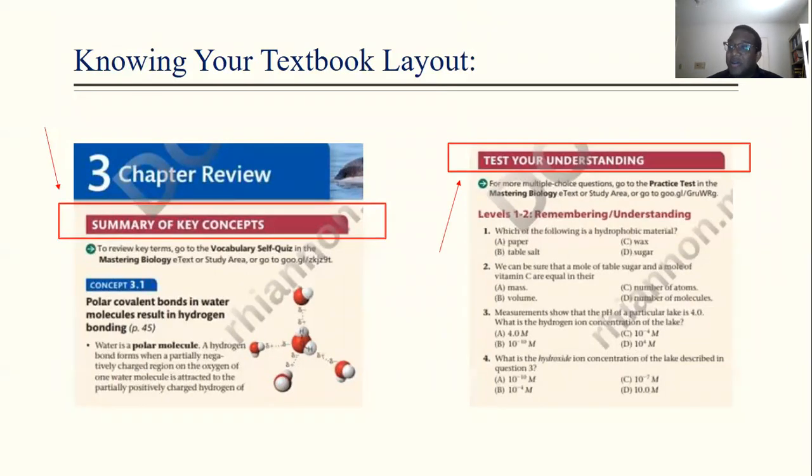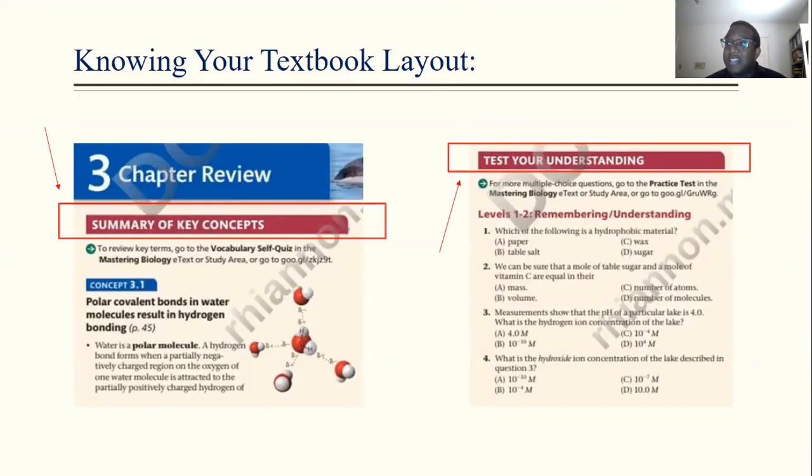The last feature about this textbook that I'd like to mention is the test your understanding section. This is one of the most important features about this textbook and is essential to your success. The test your understanding feature provides you with a series of practice questions in order for you to test your knowledge regarding the material from the chapter. The questions are broken up into levels and increase in difficulty as you move forward.